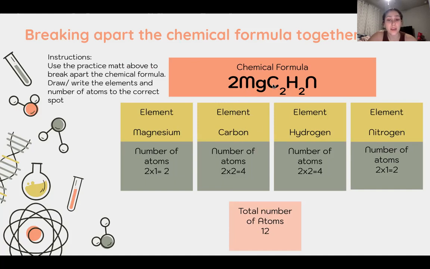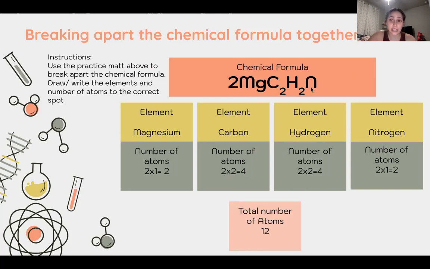Next, we have carbon. Carbon has a subscript of 2, and it also has the coefficient. So we have to do 2 times 2 equals 4. Now let's look at hydrogen, the H. Again, it has a subscript of 2 and a coefficient of 2, making the total number of atoms 4.